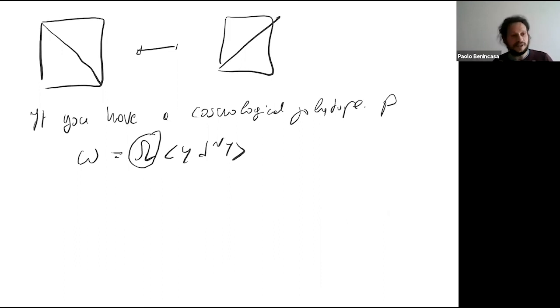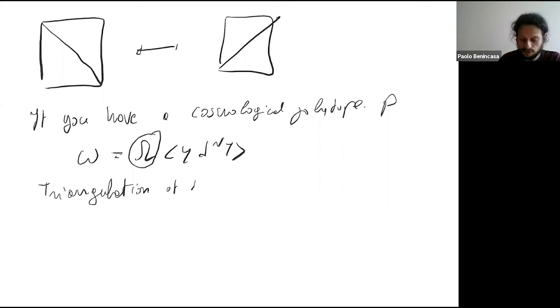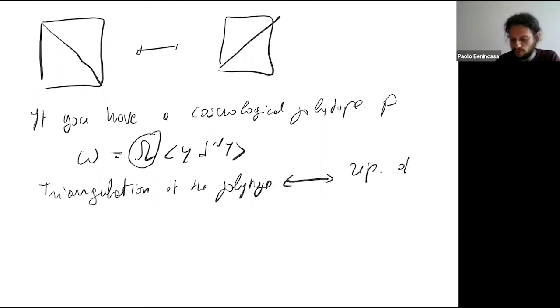That doesn't give you a specific representation. However, given that a polytope is a generalization of any polygon to arbitrary dimension, you can also think of triangulating it. So there is a correspondence between triangulation of the polytope and representation of the wave function.